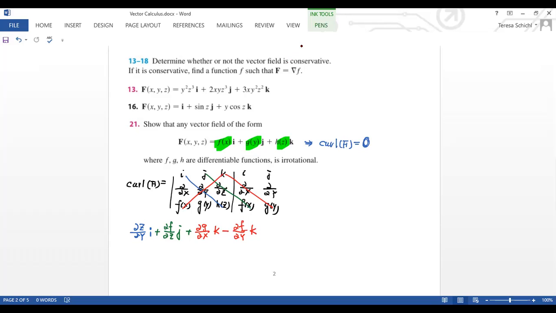And then minus ∂f/∂y for the k. And then minus ∂/∂y, ∂/∂z for the i.